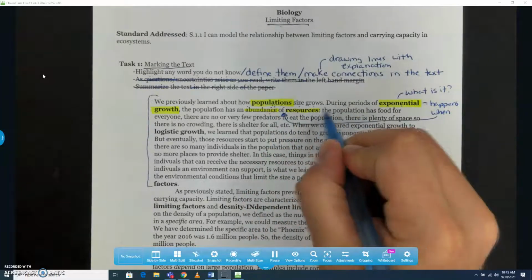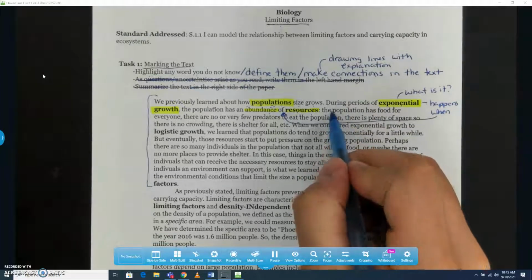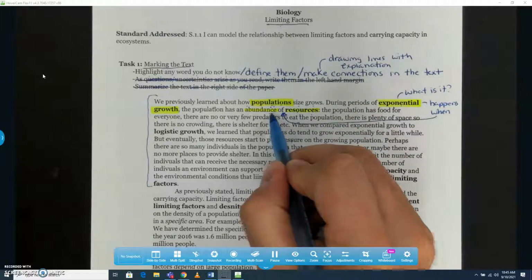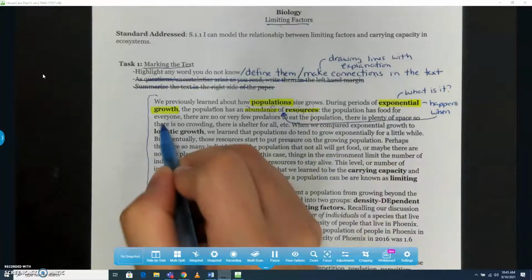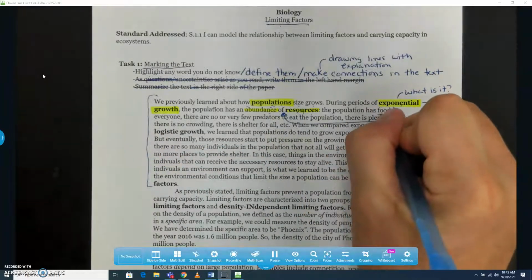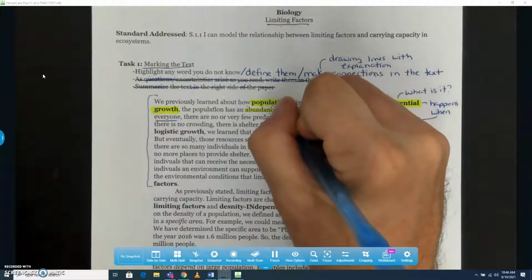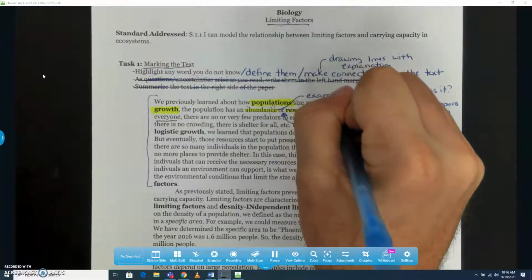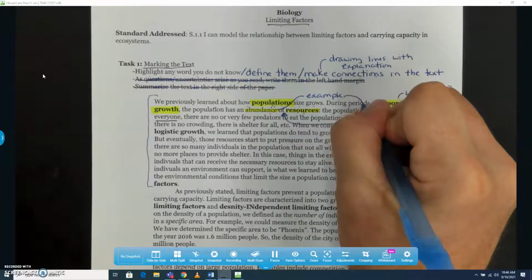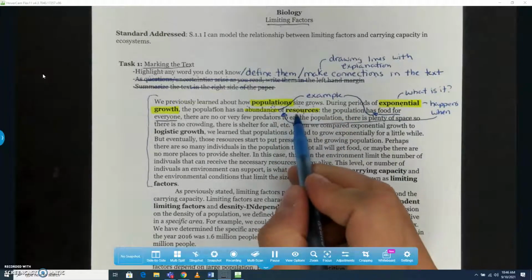Same sentence. I'm betting, since this is the same sentence, that we're going to get an example or two of what we mean by abundance of resources. The population has food for everyone. Food for everyone. That looks like an example of what we mean by an abundance of resource.